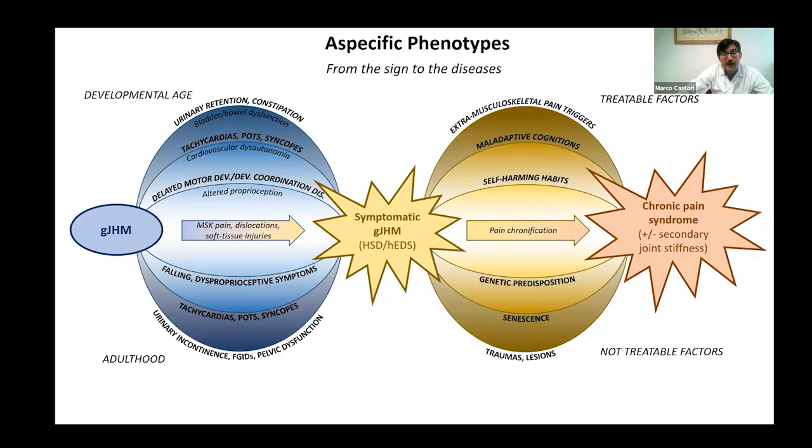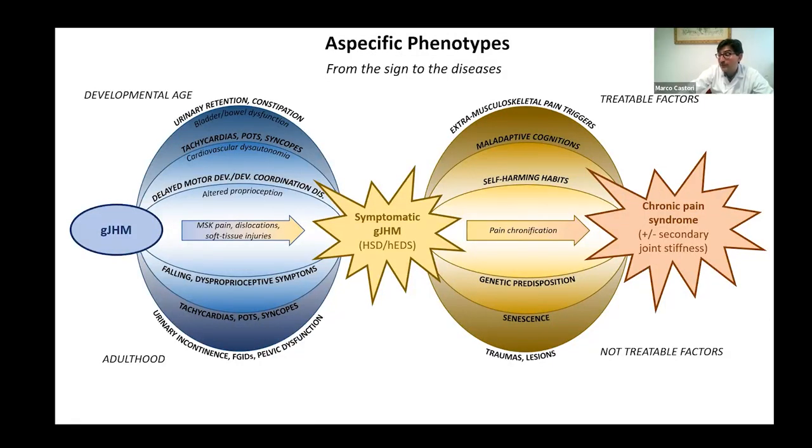This is a simplified structure of the presumed natural history of symptom development, transformation, and chronification in people with generalized joint hypermobility. Musculoskeletal events characterize the so-called symptomatic joint hypermobility, alternatively called hypermobility spectrum disorders.